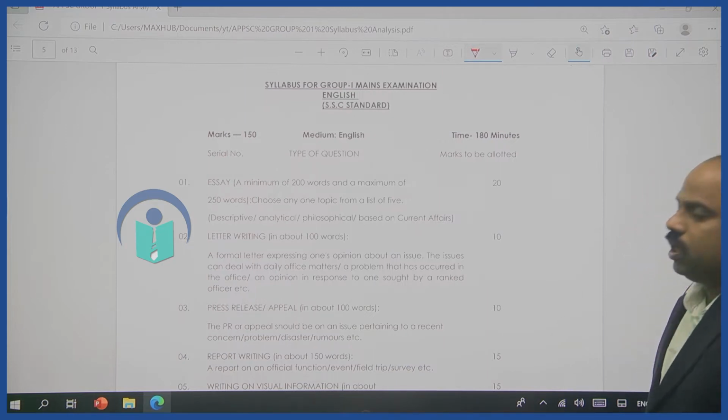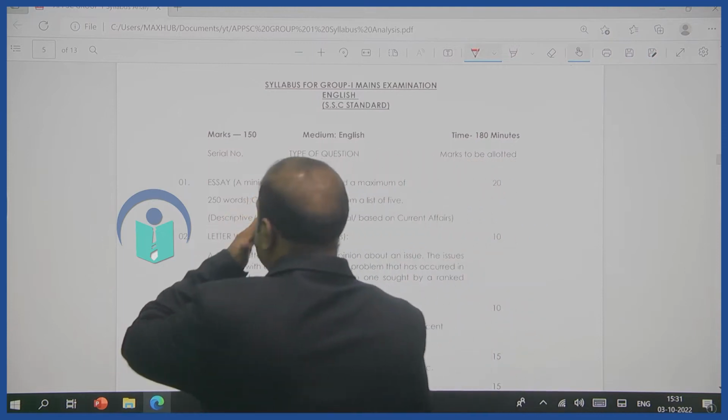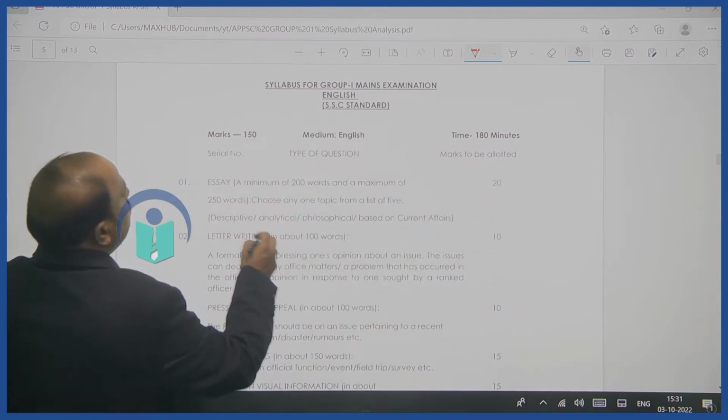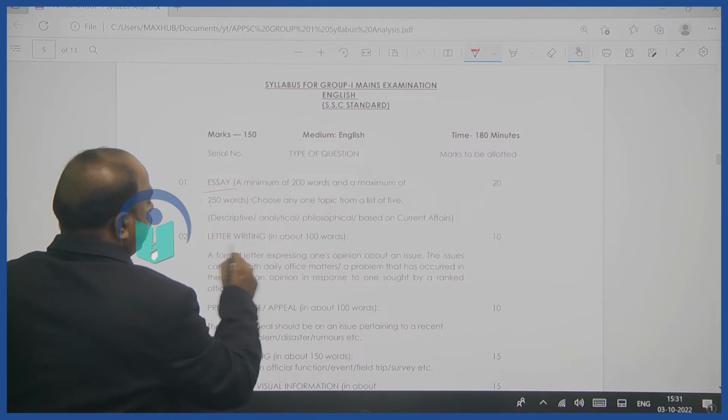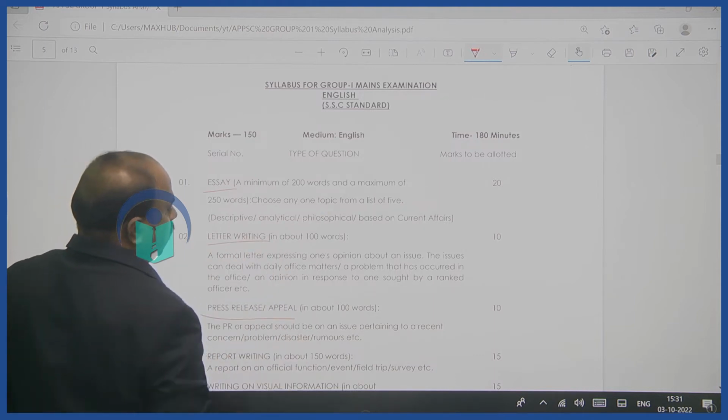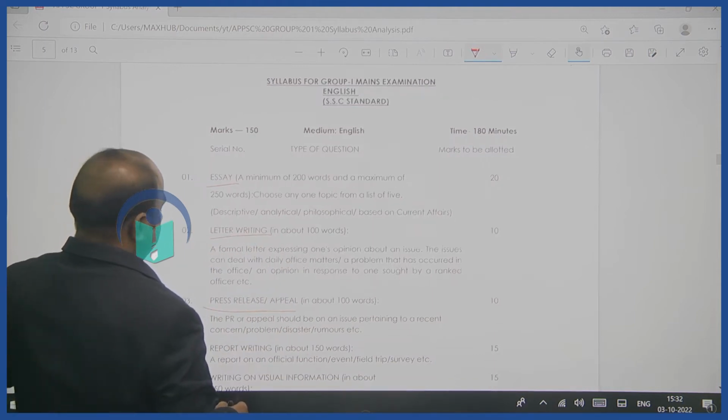So coming to English, what are the important topics? In English, essay is compulsory. Letter writing, precis writing.